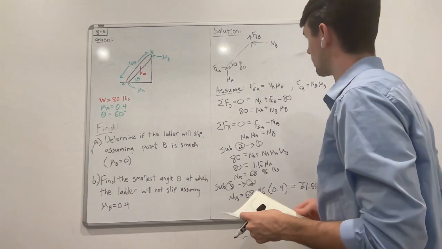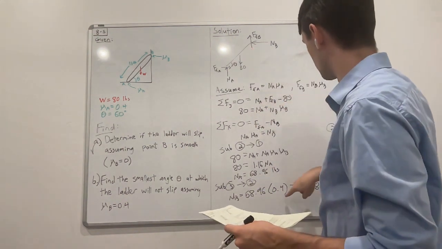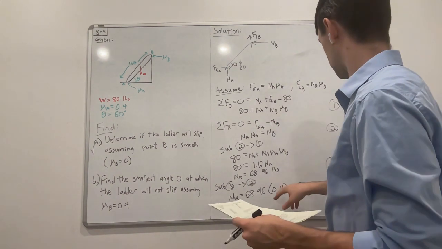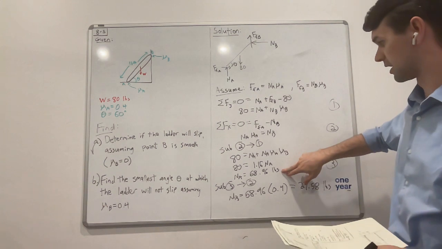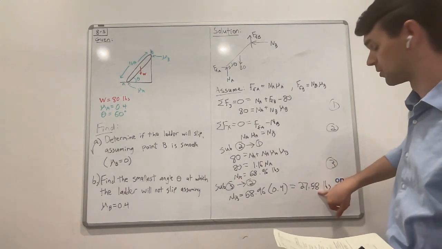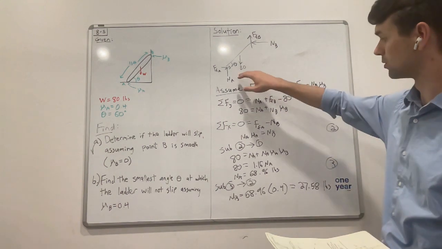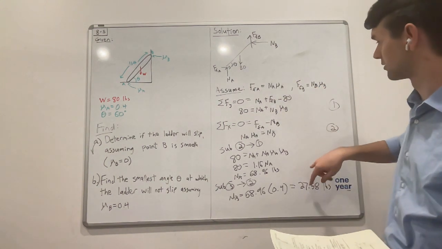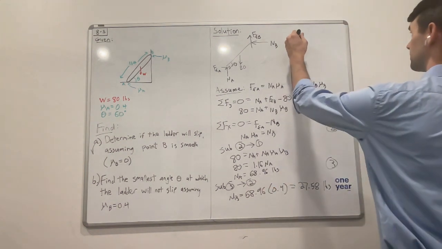Because we need to figure out what angle theta will be at the point of slipping, we know NA and NB will be, oh boy, 68.96 pounds and 27.58 pounds respectively. Now we need to just find the angle that will cause that to be the case. So I'm going to erase this, but I'm going to just copy those values so that we have them.